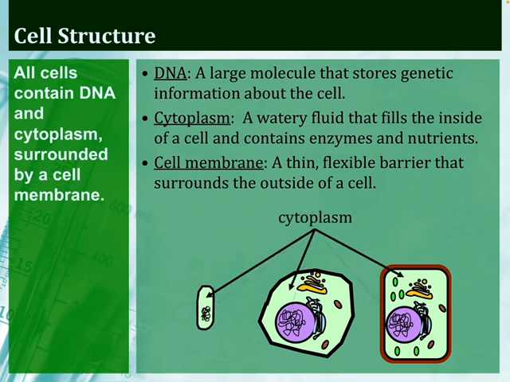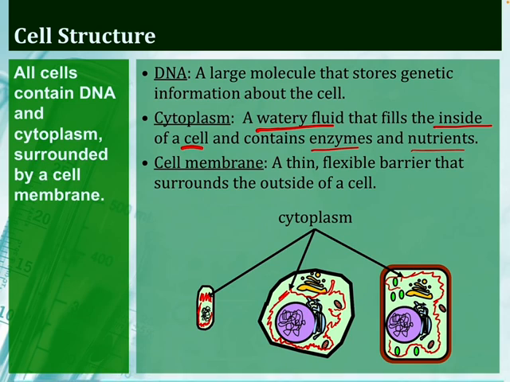You're then going to have your cytoplasm. Cytoplasm is a watery fluid that fills the inside of a cell and also contains enzymes and nutrients. So you'll see in these different cells down here, everything that surrounds the interior that I'm shading in with red, all of this interior space, that is the cytoplasm. So basically, this is just a watery fluid that is found inside of the cell.